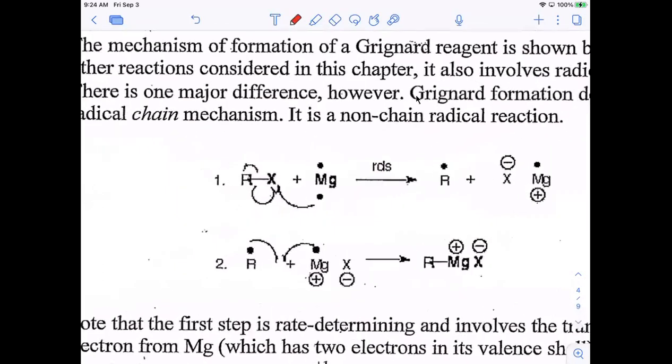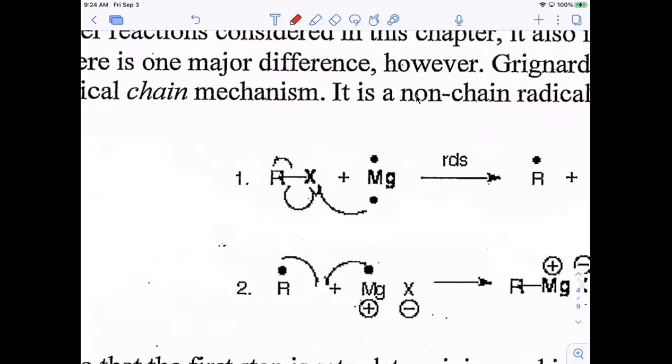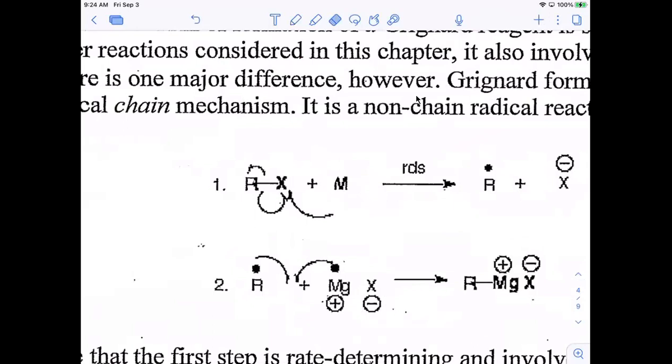So you have, right here, your magnesium, right? And magnesium has 2 electrons. So it donates an electron towards an alkyl halide, right?